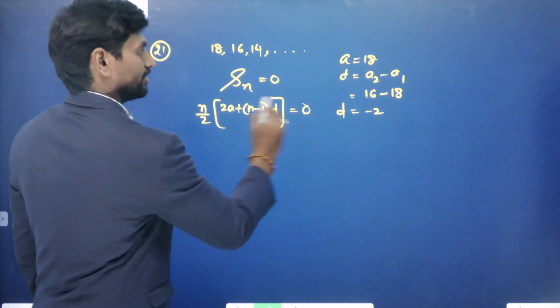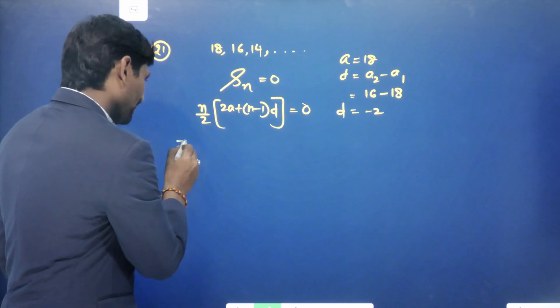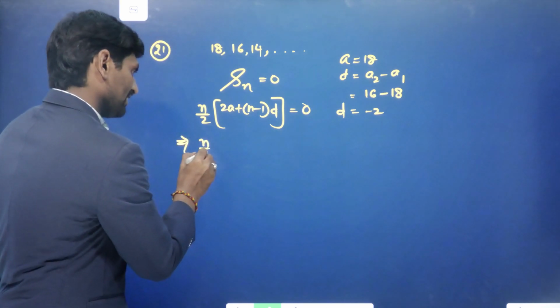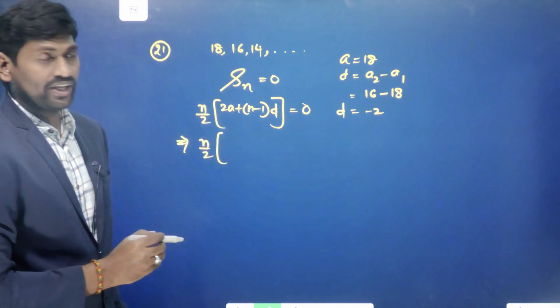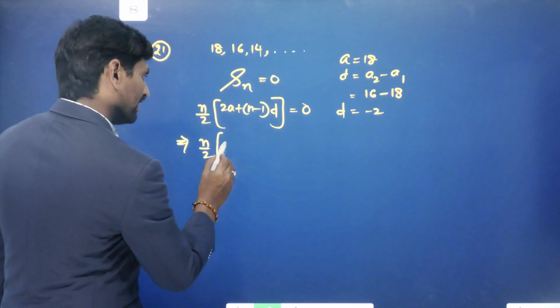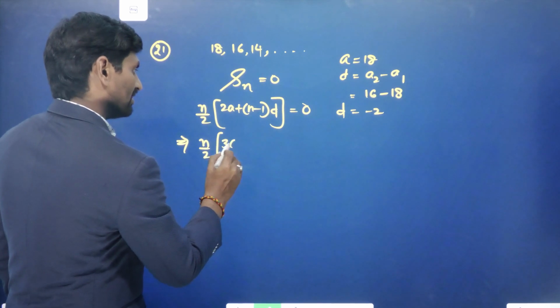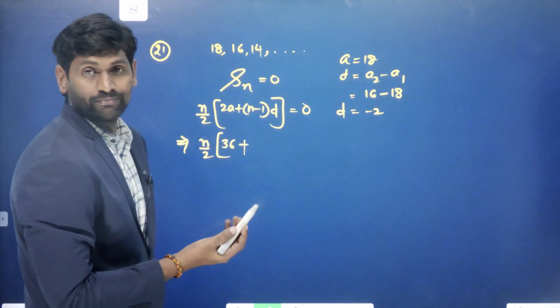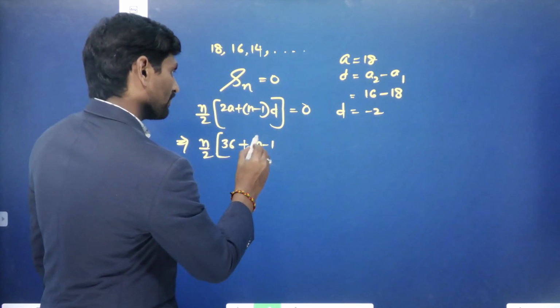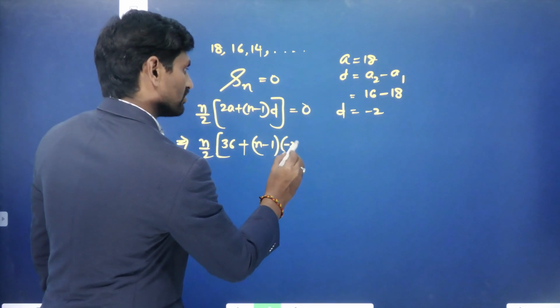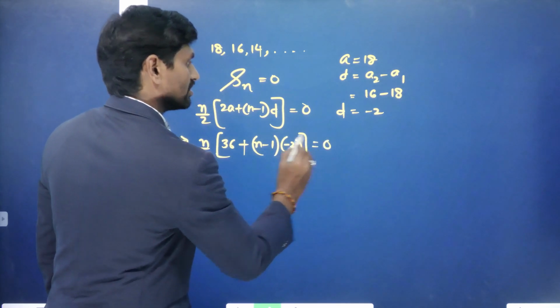The value is 0. Substitute the known values. n we don't know. 2a is 2 into 18, which is 36, plus (n minus 1) times the common difference minus 2, equal to 0.